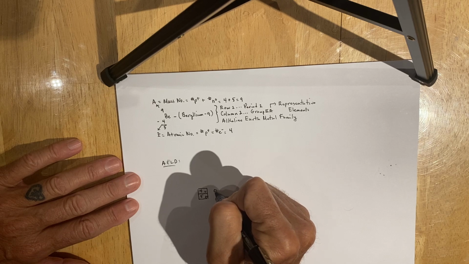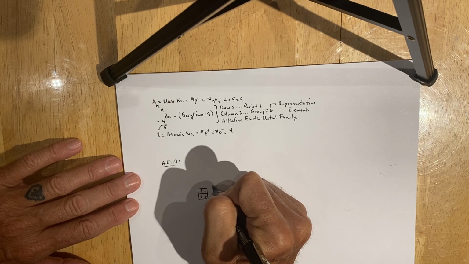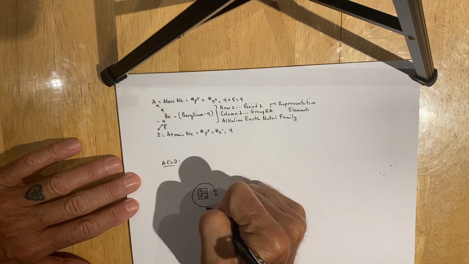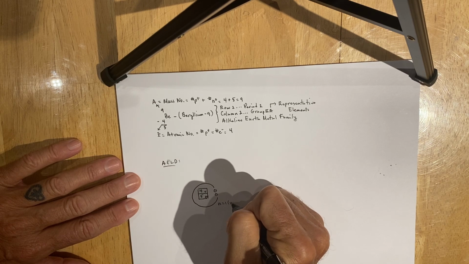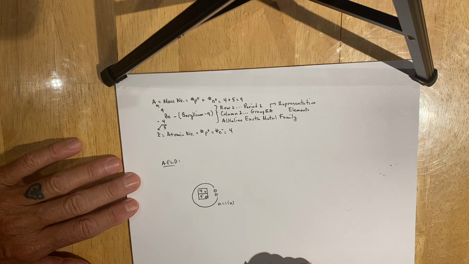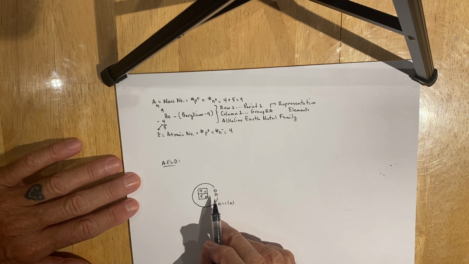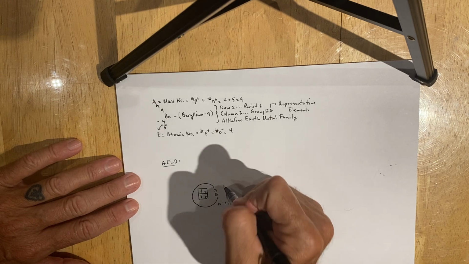We know according to quantum mechanics, the first energy level holds a maximum of 2 electrons, which would be the n equals 1 or K shell. Once the first energy level is filled, by the Aufbau principle, you start filling the second energy level.